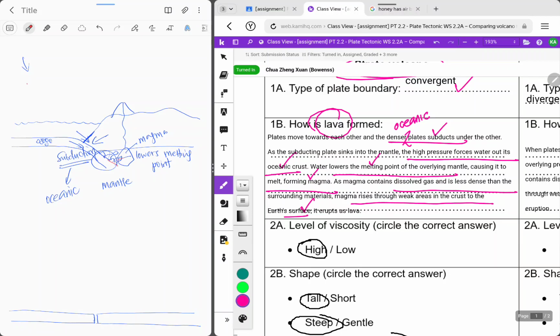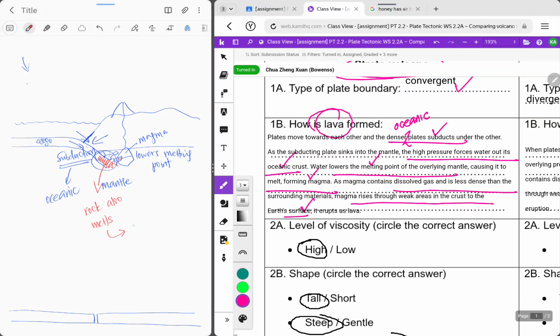What happens here, right? We're talking about water being added. But the thing is, this rock, when it enters the mantle material itself, is still high temperature, still high pressure. The rock also melts. But when the rock melts, it doesn't actually form magma. It just adds into the mantle material.